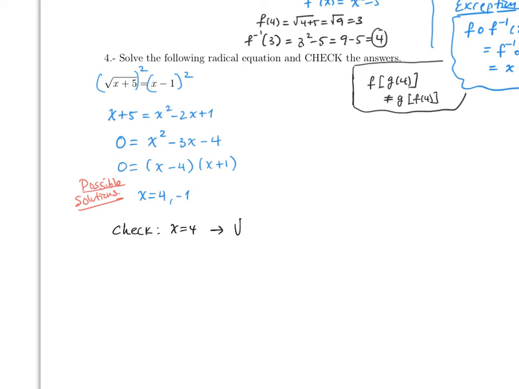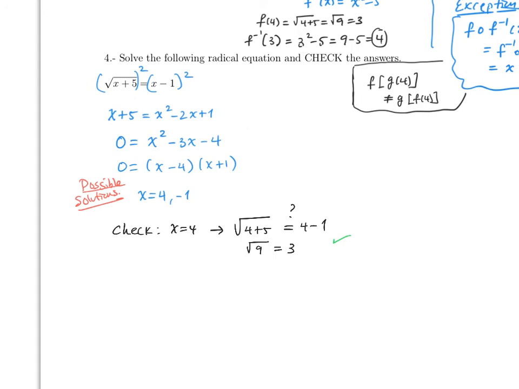So the question is, if you plug in 4 for x, is the square root of 4 plus 5 equal to 4 minus 1? Or is the square root of 9 equal to 3? And the answer is yes, obviously. So the first one worked.